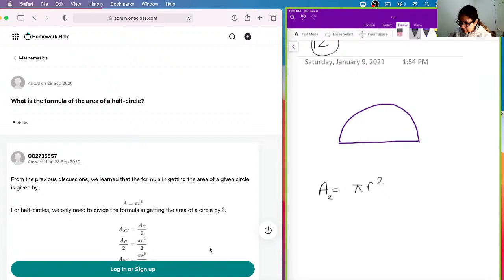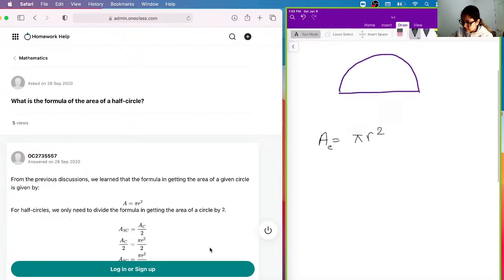And in this case, since we're dealing with a semicircle or a half circle, you can probably imagine that the area of a semicircle, I'll just write C for semicircle, would be half of the original formula for the area of a circle.